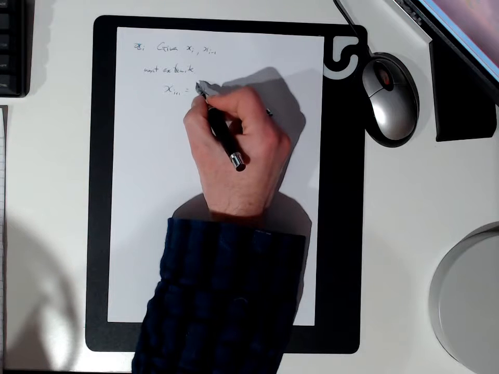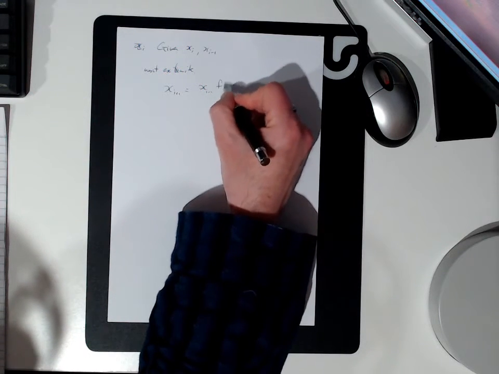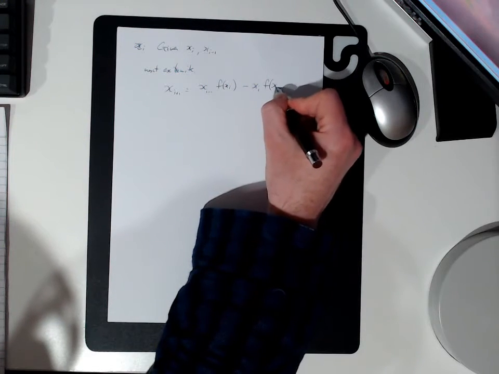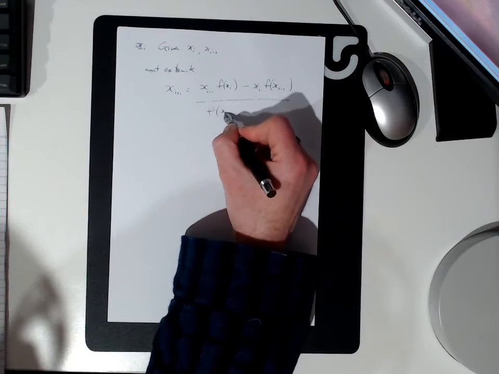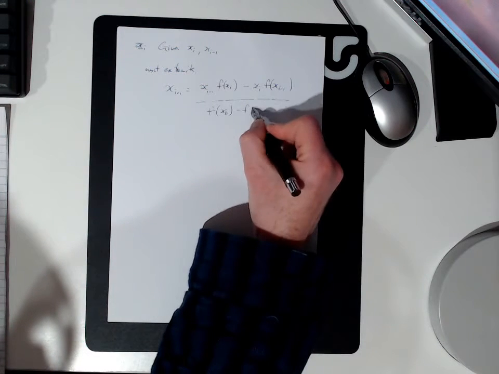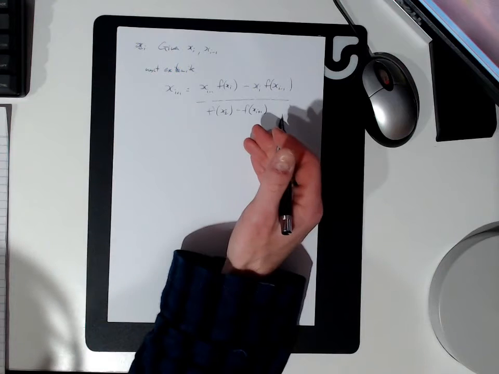I'll use the symmetrized one, the equation: x_{i-1} f(x_i) minus x_i f(x_{i-1}), divided by f(x_i) minus f(x_{i-1}). All the same benefits that apply to false position apply to this.